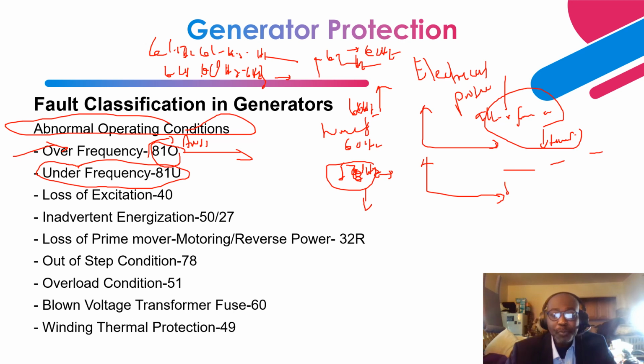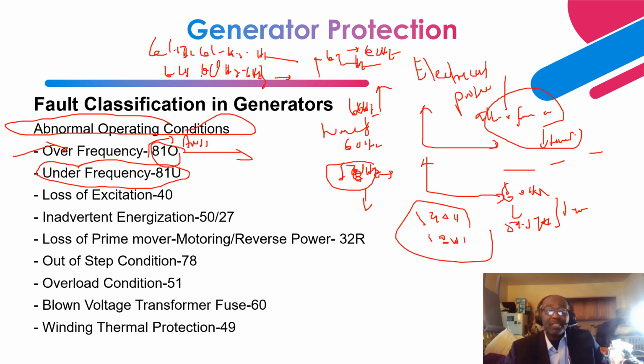From 60 hertz to, let's say, 59.5 hertz, there's going to be an allowable permissible duration in seconds that the turbine will be allowed to operate. Then from 59.5 hertz to 58 hertz, the turbine manufacturer will specify the allowable time that you are supposed to operate this turbine generator. So that is what the under frequency element means.